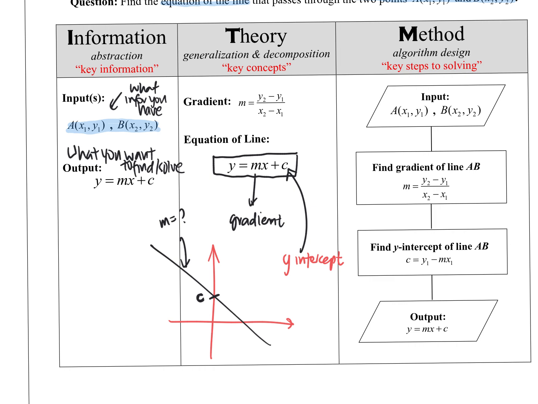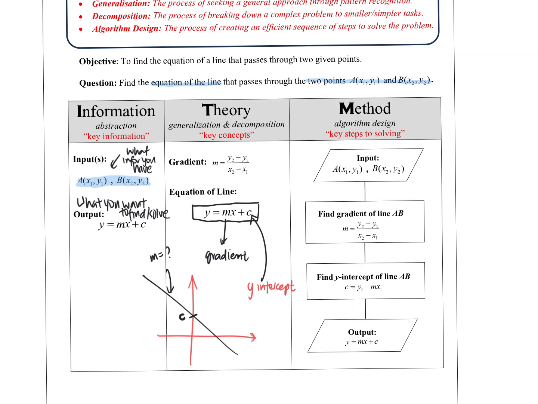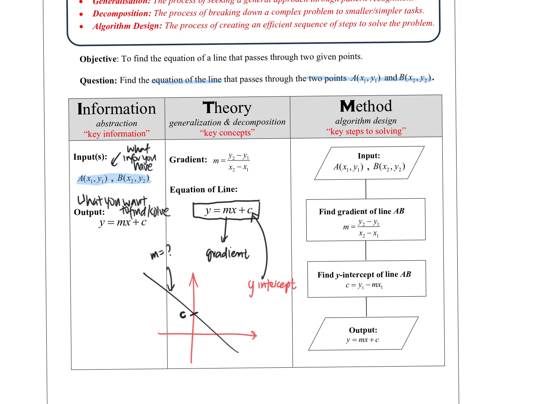Okay, so the pattern that we need to rely on, or the theory, or the formula, will always be y equals mx plus c, and of course the gradient formula. So now we design a series of steps to help us solve the problem. First thing first, we put in the 2 points that we are given. Then we calculate the gradient using those 2 points.